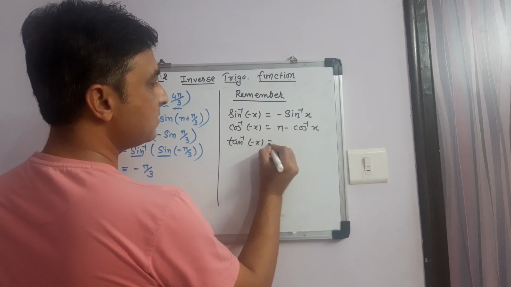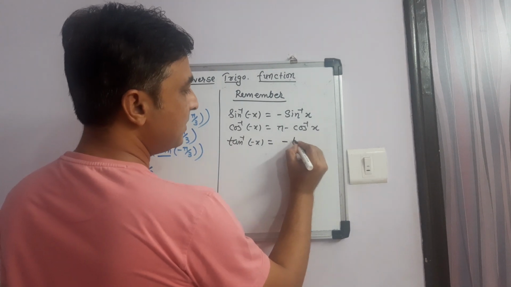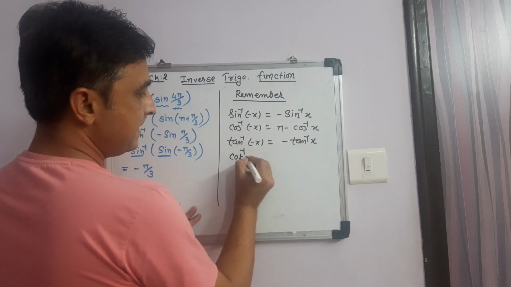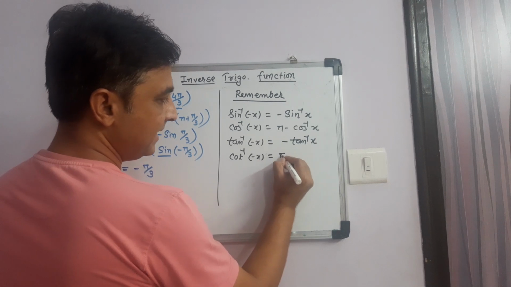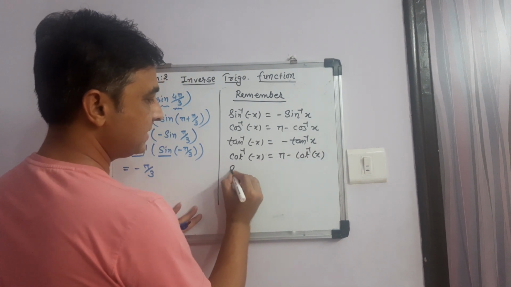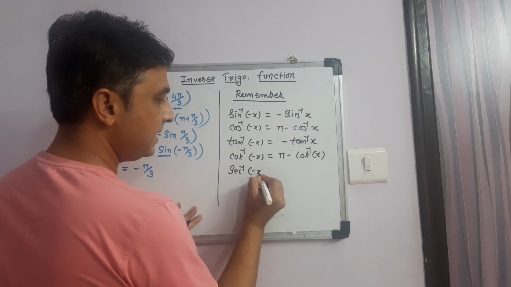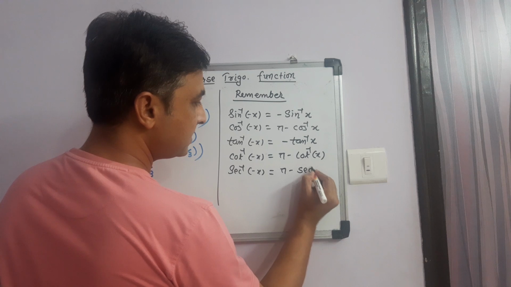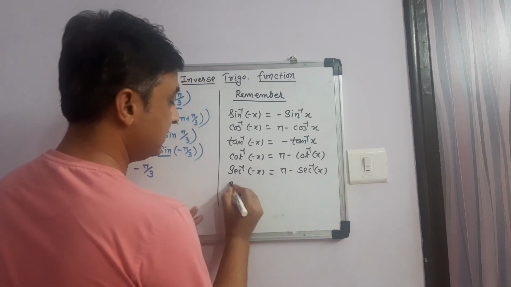Tan inverse of minus x equals minus tan inverse x. Cot inverse of minus x is pi minus cot inverse x. Sec inverse of minus x is also pi minus sec inverse x.